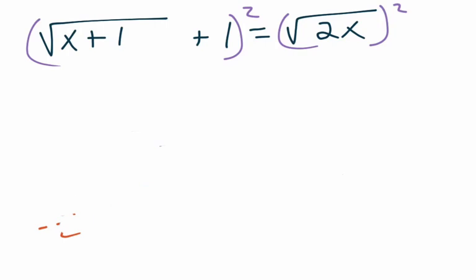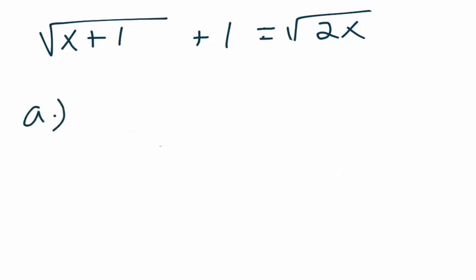Now, here's the good news. If you do have a problem like this, and you encounter it on the PERT test or on your EOC or on, I don't know, whatever else you might be doing, probably it is going to be multiple choice.